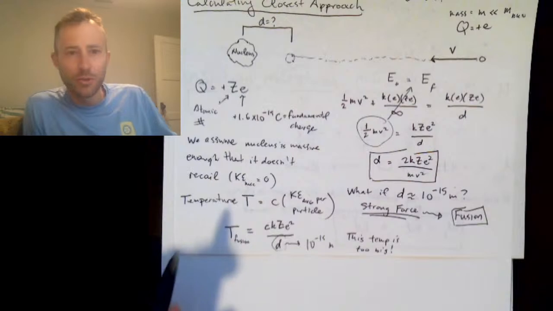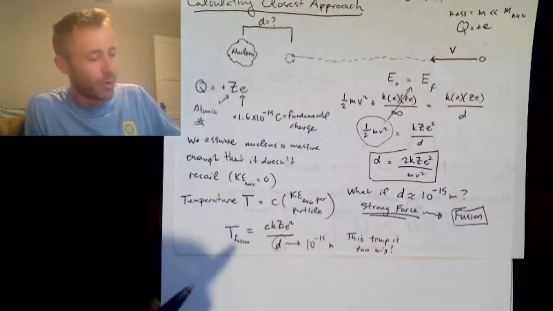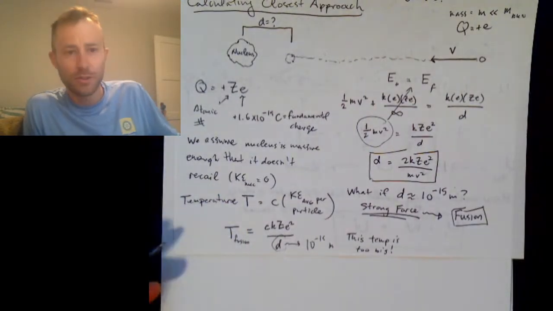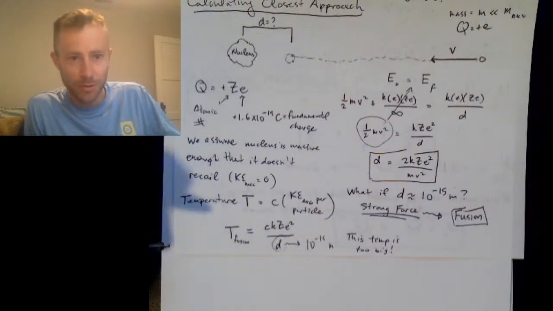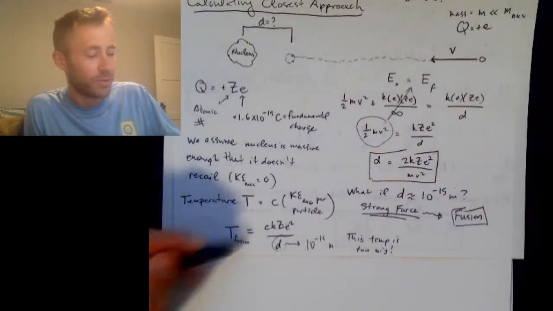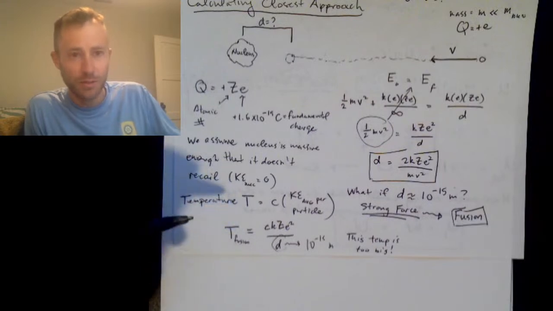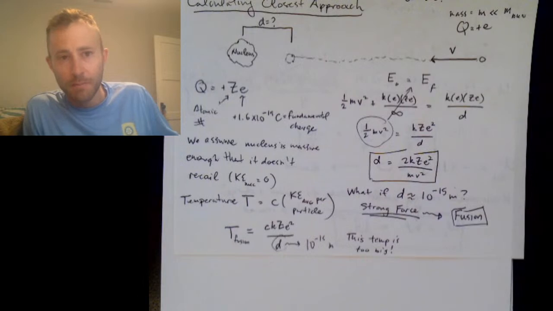We actually observe fusion occurring at a lower temperature, a temperature that is lower than this one by quite a lot. I can't remember what the factor is, but this temperature is really too big. We see fusion at much lower temperatures. And the question is why?